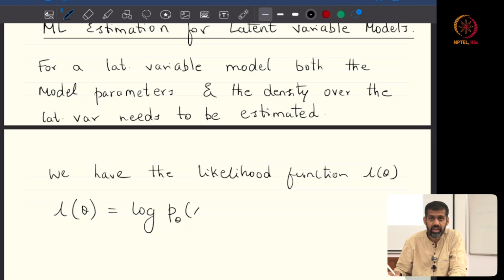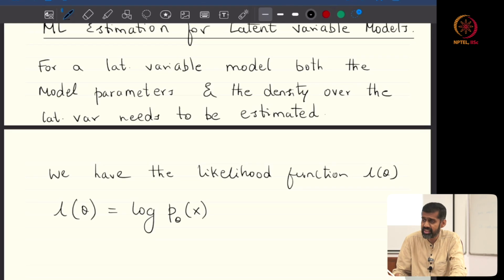This is the definition of it. And by the way, for the math from now on, I will assume that we only have one data point in our data set, because of ease of algebra. Everything that we do can be extended to n data points just by putting a summation outside which runs from 1 to n, okay. But to simplify the algebra, I will assume that we only have one data point, okay.